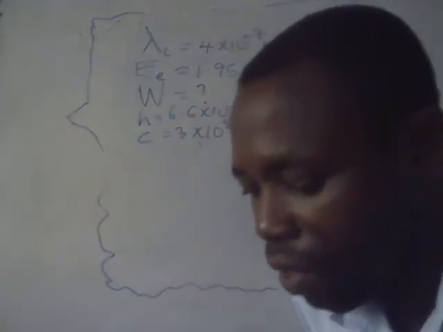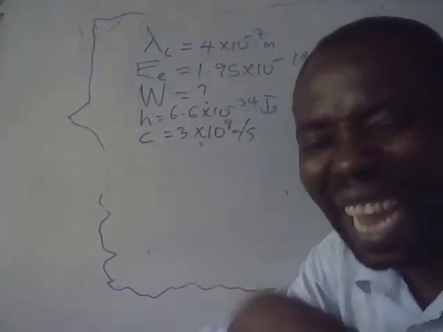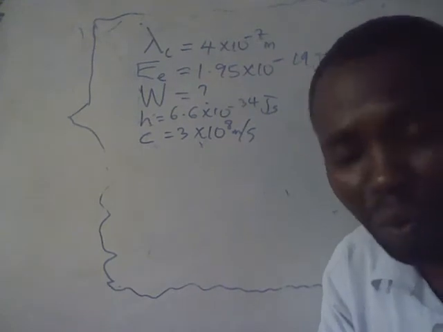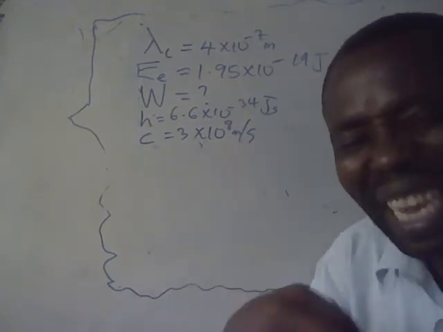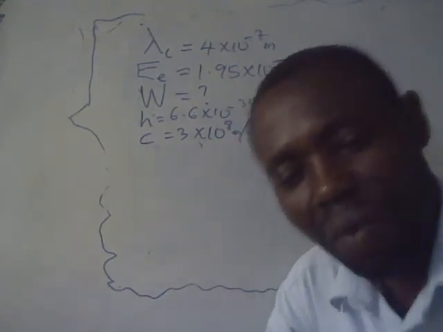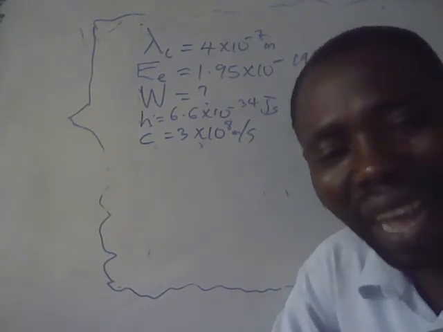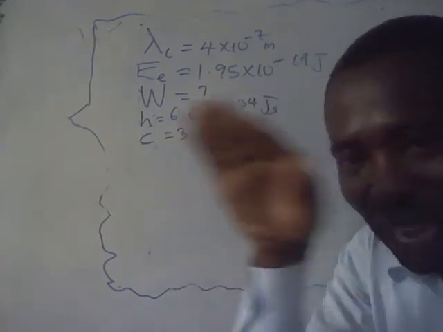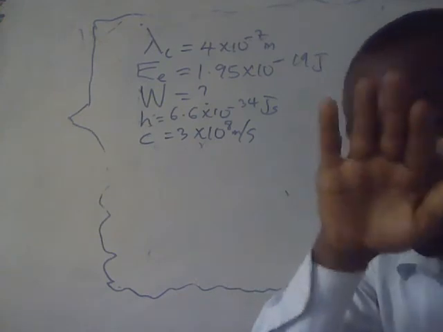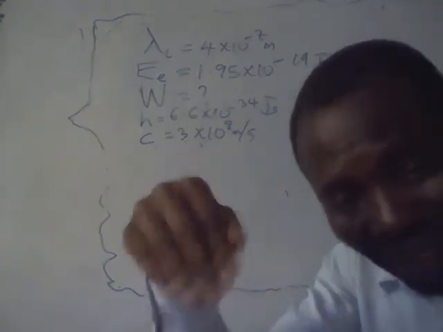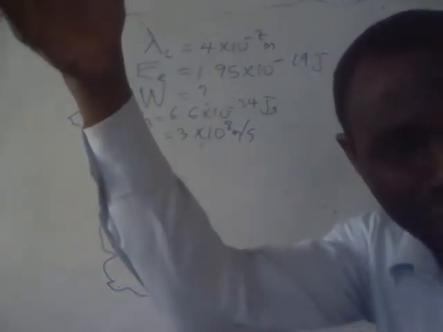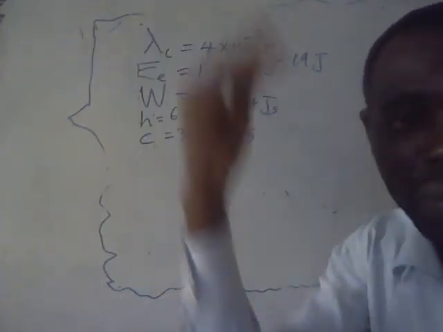Work function of the metal, to a layman's definition, is the internal energy possessed by the metal itself. The metal has a kind of barrier that the electrons inside it must surpass before they can be released.